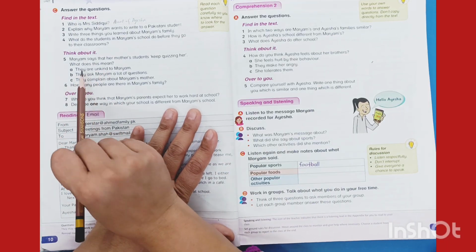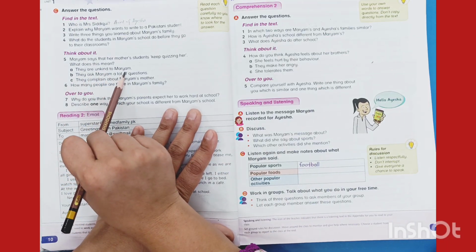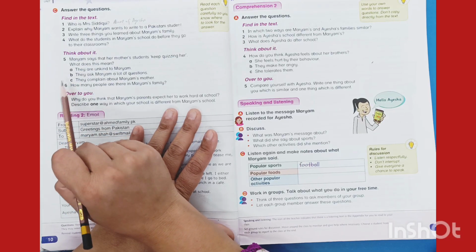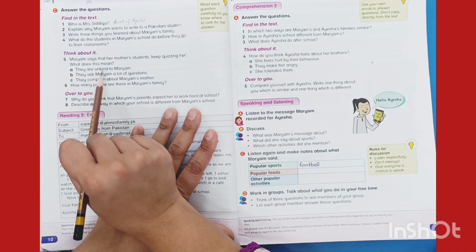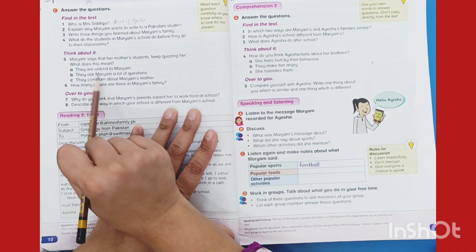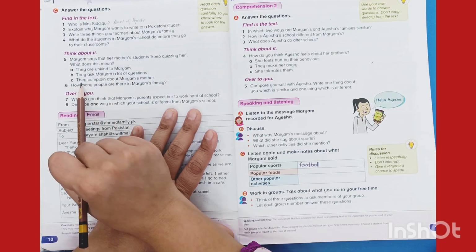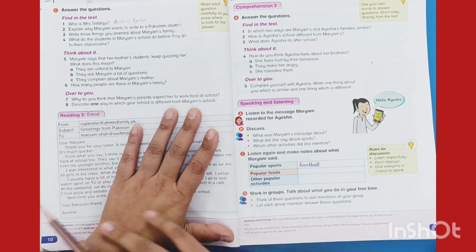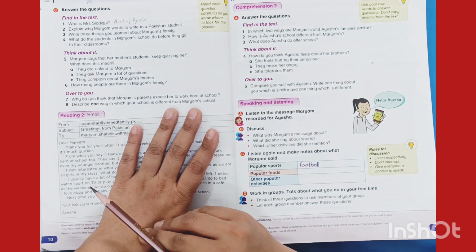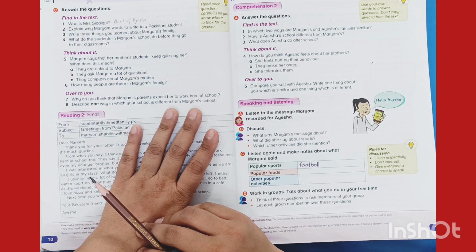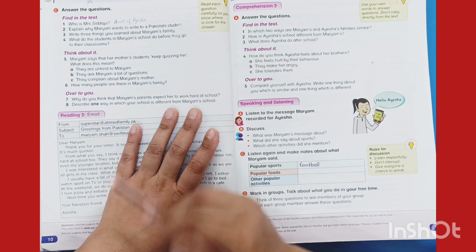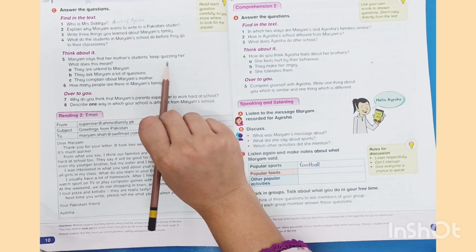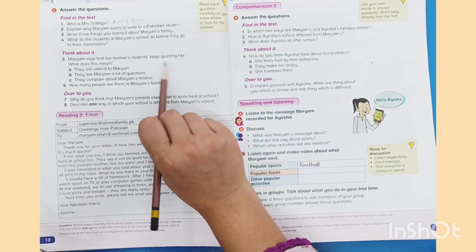What does this mean? They have options and you have to tick mark them. They are unkind to Mariam. They ask Mariam a lot of questions. They complain about Mariam's mother. What do you think it should be? So quiz means questions.